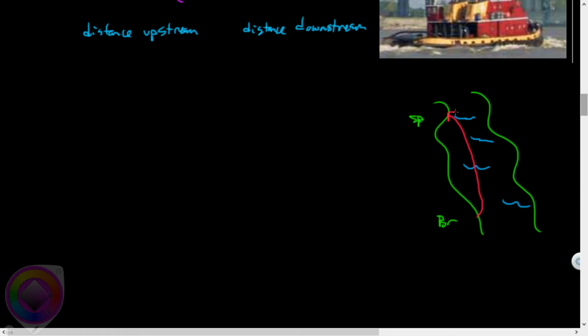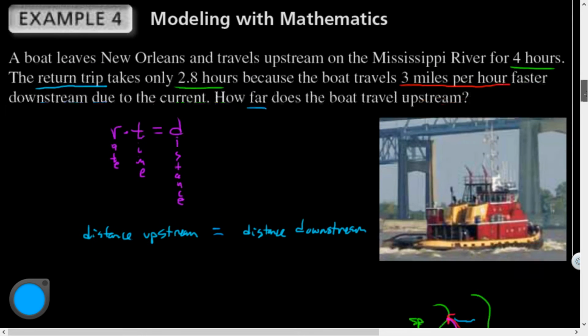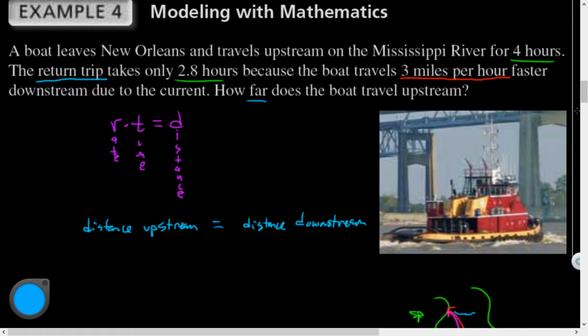And then later it leaves Springfield and comes downstream and goes to Brattleboro. How do those distances relate to each other, do you think? They're the same distance, right? I agree. So I'm going to say these two things must be equal. All right? These two things must be equal. That makes sense to me.